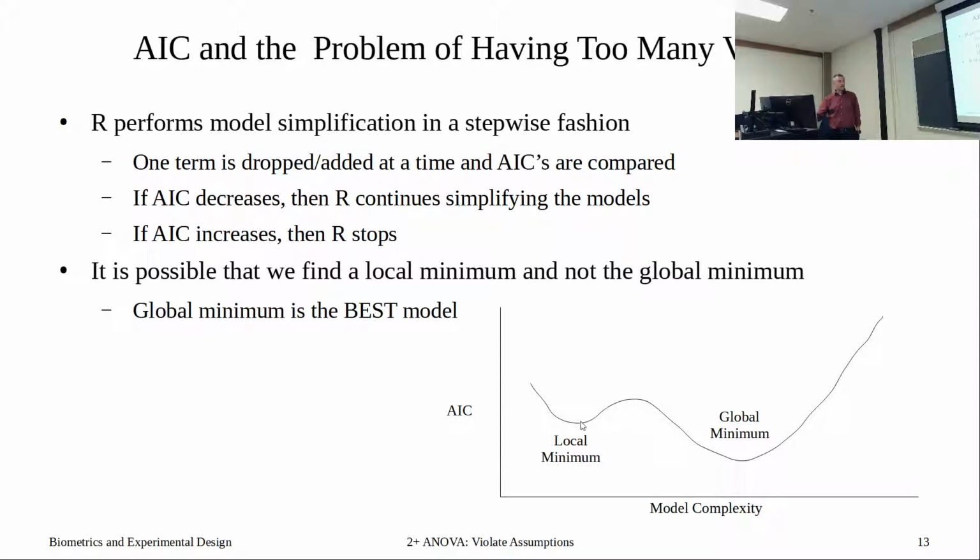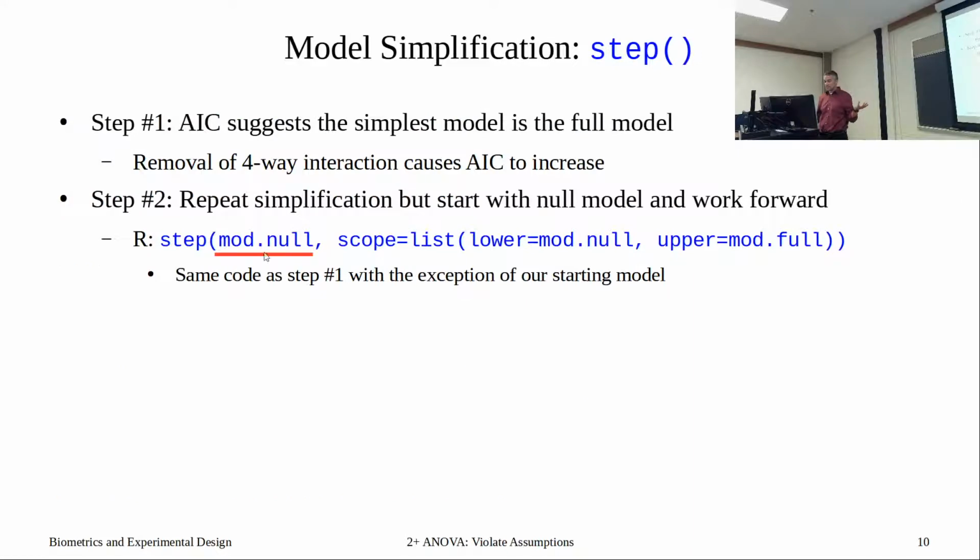Let's say right here, we're at our local minimum. We dropped our four-way interaction, and it actually caused our AIC to increase. So R says, hey, we're going to stop. Well, we're here. We're trying to get to here. So the way we then continue is to manually force our model past that point.